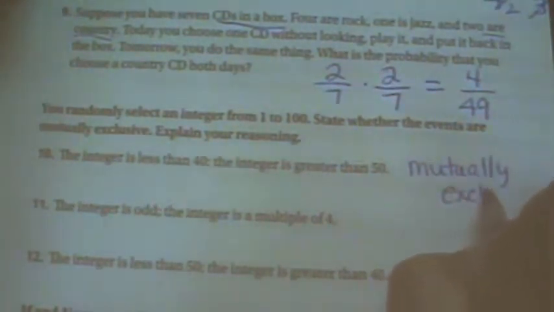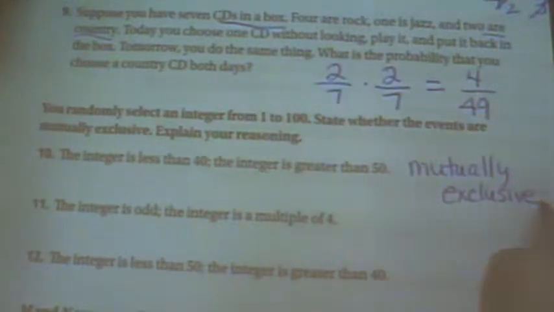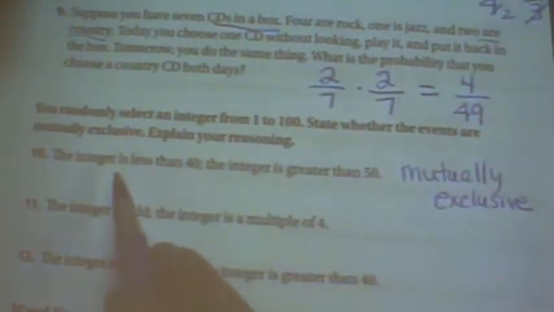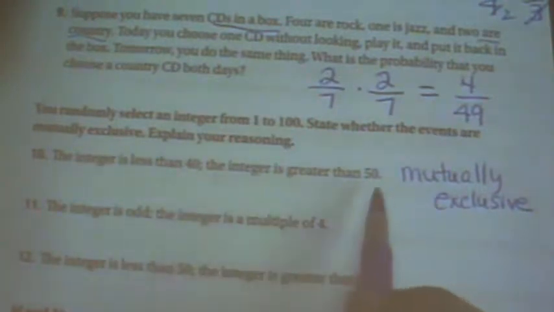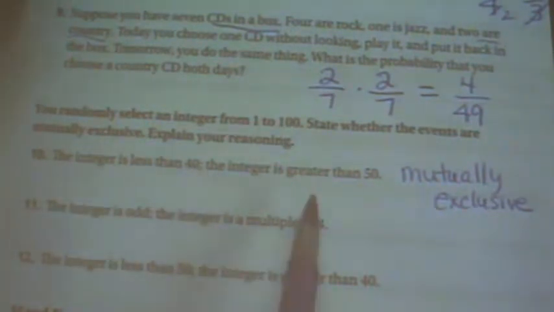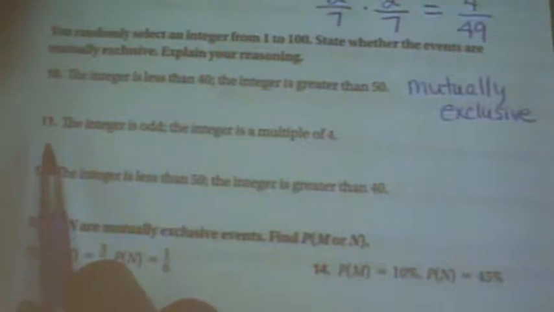The probability of doing something that's less than 40 and greater than 50 is 0. But what you would have to do is turn this to an integer less than 40 or greater than 50. We're not doing that, but we're just telling whether you can have it at the same time or not.